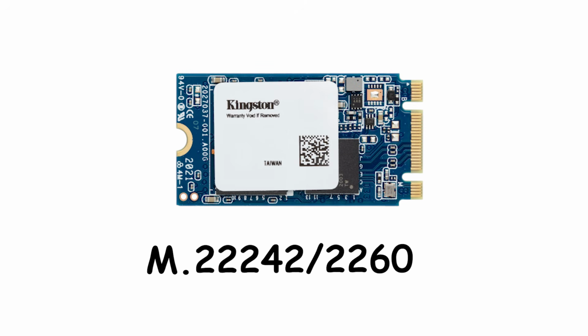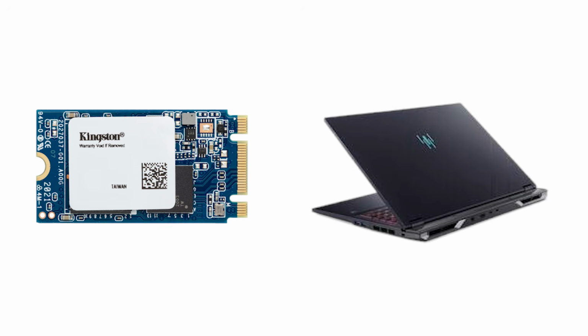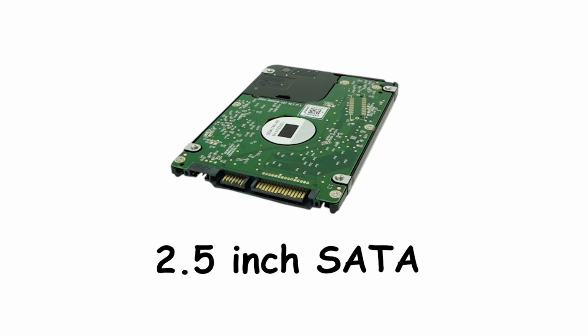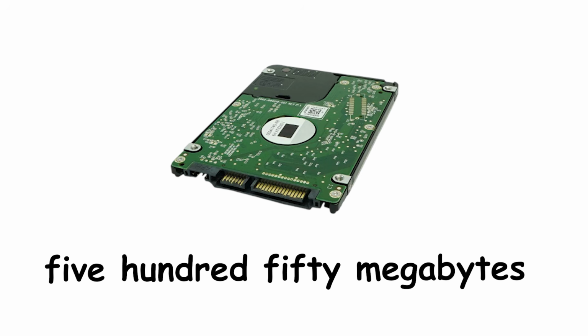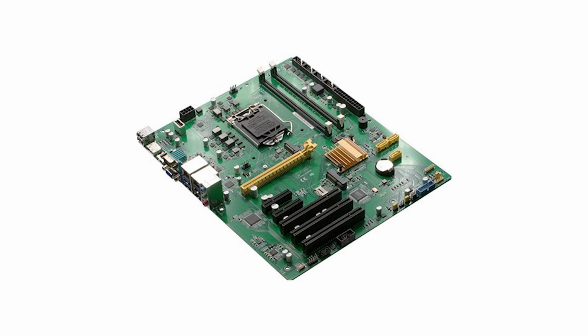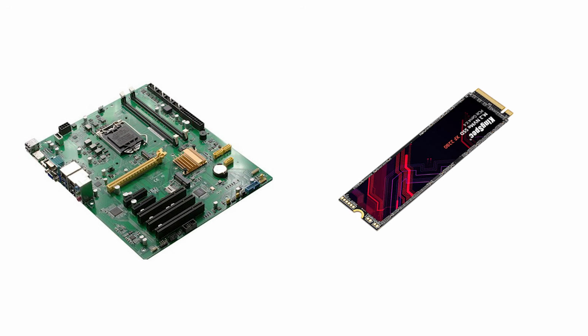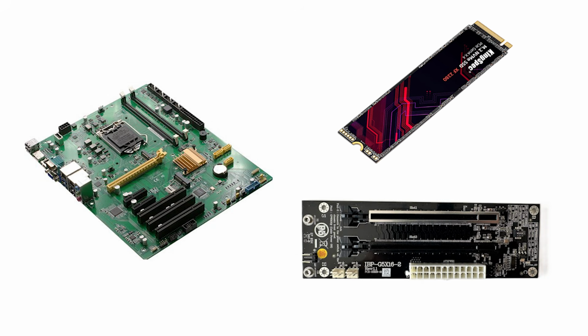M.2 2242 and 2260: shorter versions for laptops. 2.5-inch SATA: legacy interface, 550 megabytes per second maximum. The compatibility question? Check your motherboard's M.2 slots. Most support PCIe 4.0. Some support PCIe 5.0. Your drive will work at the lowest common speed between drive and slot.